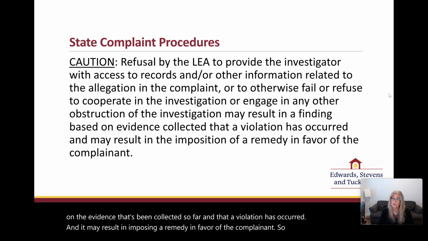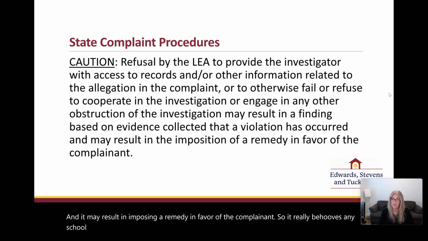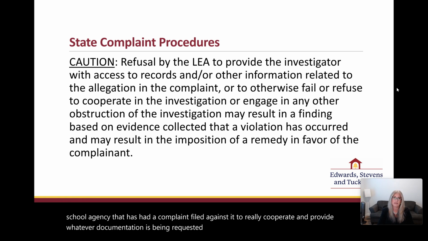So it really behooves any school agency that has had a complaint filed against it to really cooperate and provide whatever documentation is being requested by the CDE investigator.